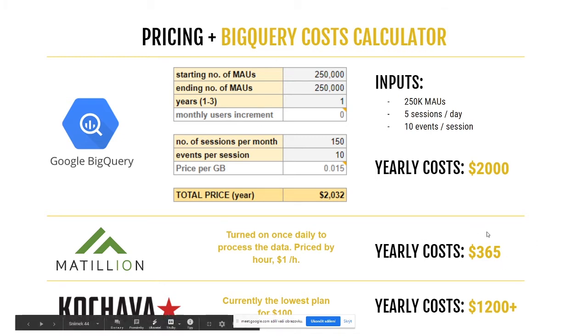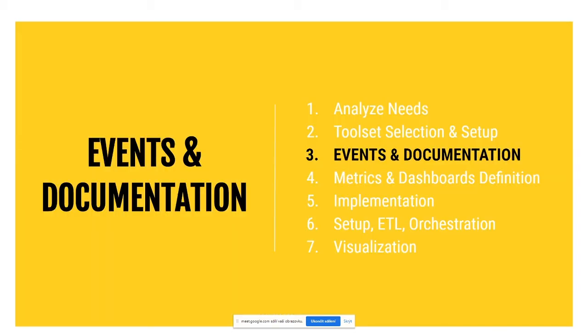That's where the $365 of yearly costs come from. And for Kochava, well, basically add your attribution partner's pricing here. It can be anything. It looked great for Kochava, unfortunately it did not work too well, but that's what it was. So you can see that for a couple thousand dollars, you can get a pretty good setup price-wise, at least if we're talking about the maintenance costs for the first year.